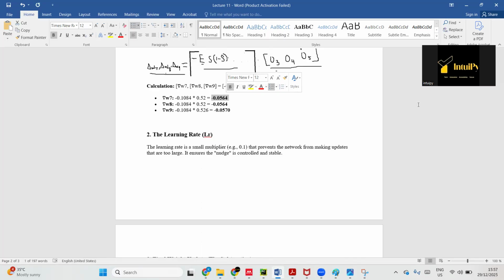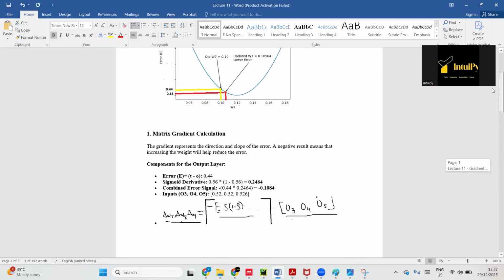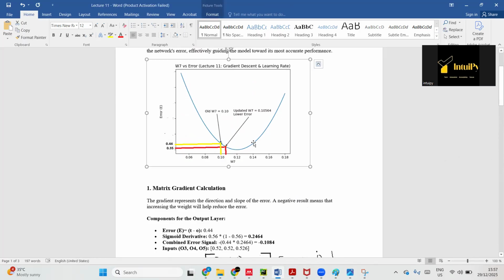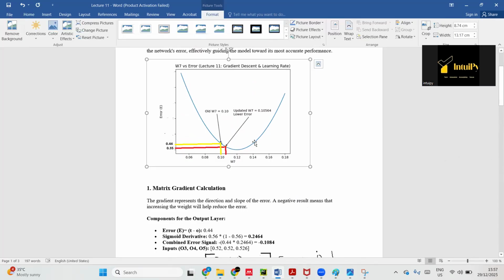Because imagine if you have an update that moves from this point to this point, you can see we have missed this point here. It moves from here, then it jumps the global minimum, then it moves here. So it begins to increase, and that's a problem.